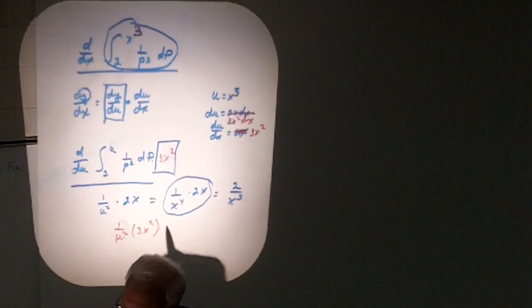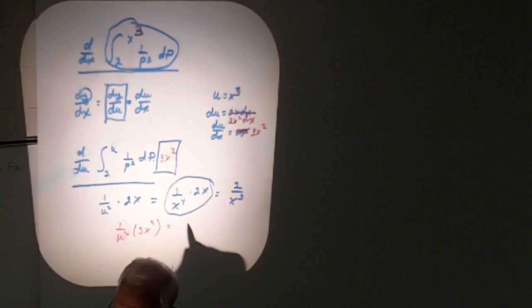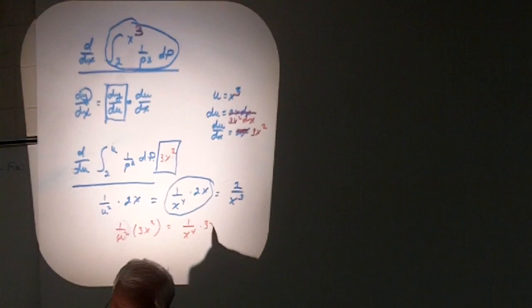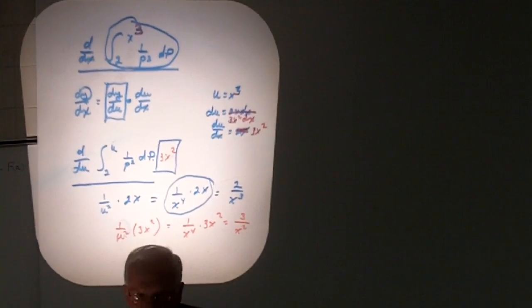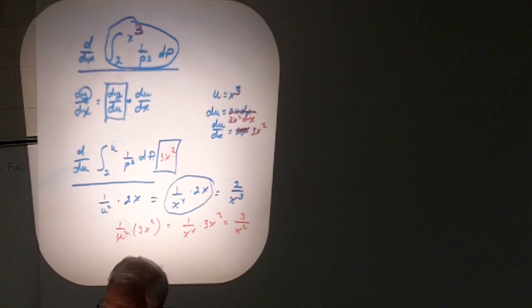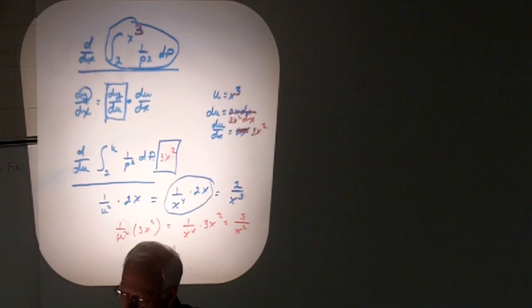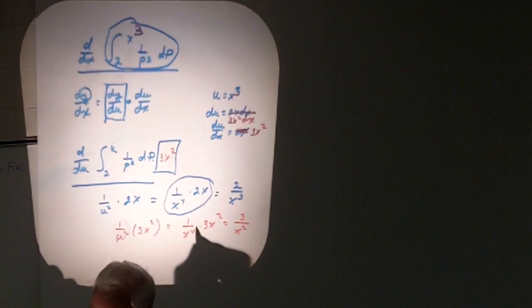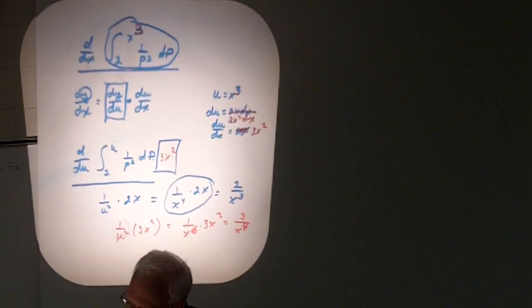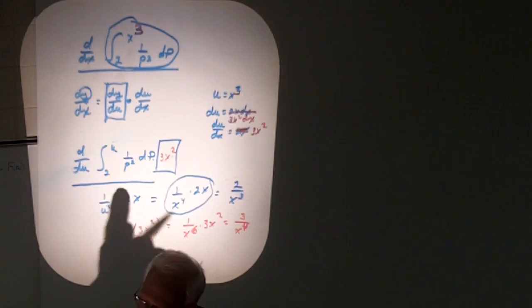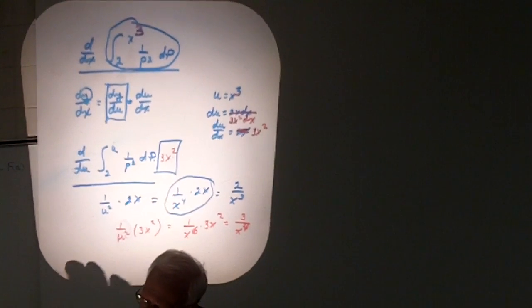So it's still 1 over x to the 4th times 3x squared. So it turns out to be 3 over x squared. No, it's 1 over x to the 6th. Hey, this is supposed to be to the 6th, and so this is going to be to the 4th. So it still works. That's what you told us to do when you first told us how to do calculus. It works.